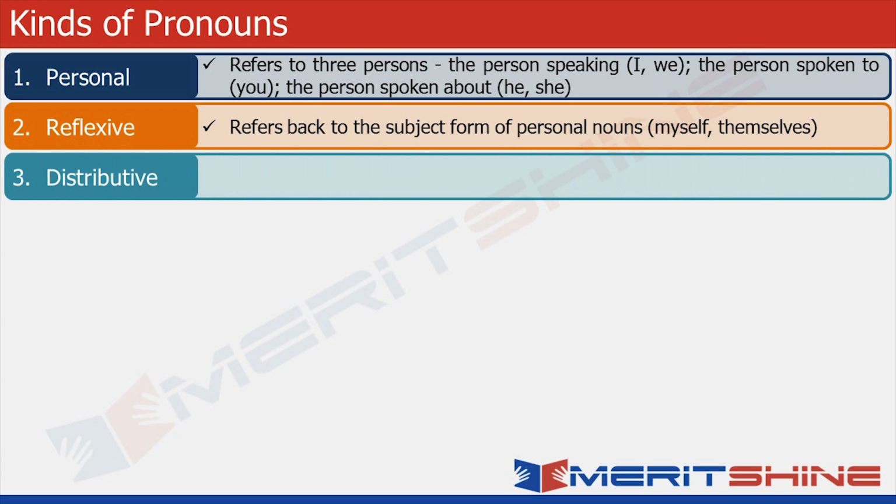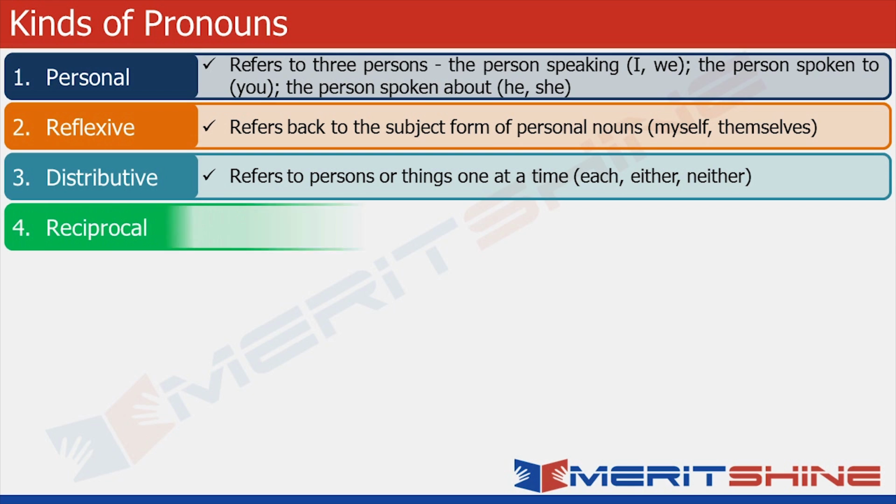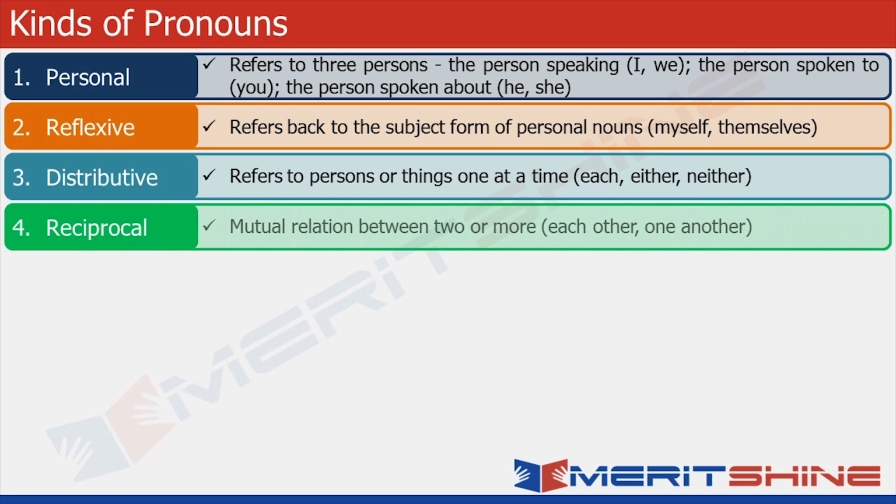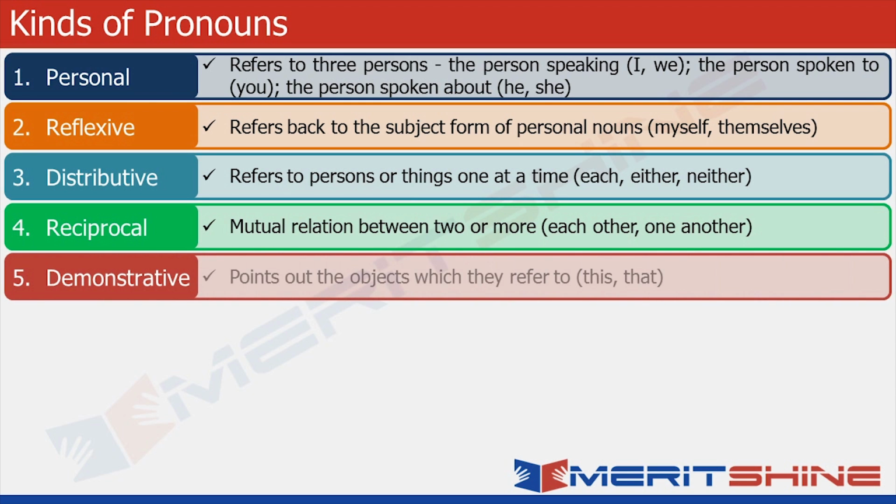Distributive pronouns, such as each, either, neither, refer to persons or things one at a time. Reciprocal pronouns, such as each other, one another, show mutual relation, usually referring to two or more people doing the same thing. Demonstrative pronouns such as this, that point out the objects which they refer to.